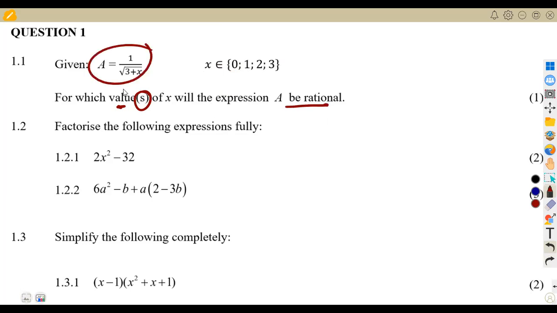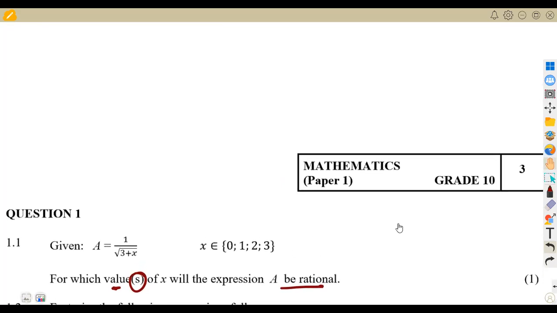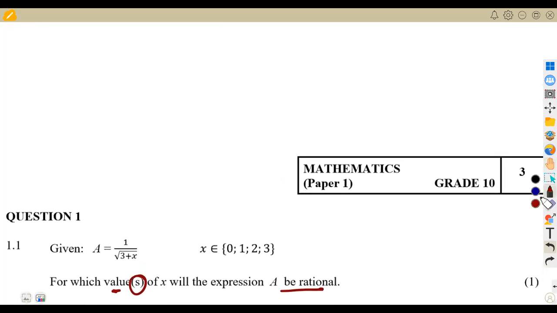For which values of x, or for which value of x, can it be rational? It can be 1 value, there can be 2 values, we do not know. Remember from your rational numbers, the first thing that you're supposed to ask yourself is, what am I referring to when I'm considering a rational number? A rational number is supposed to be in the form of A over B, presented as a fraction.